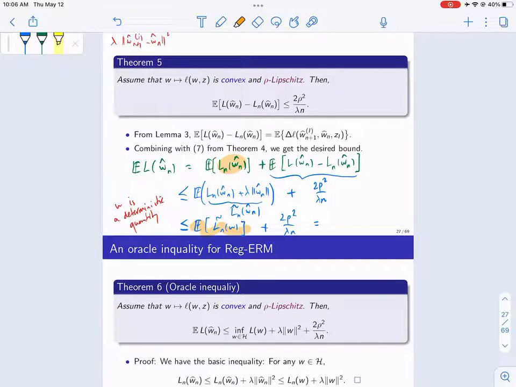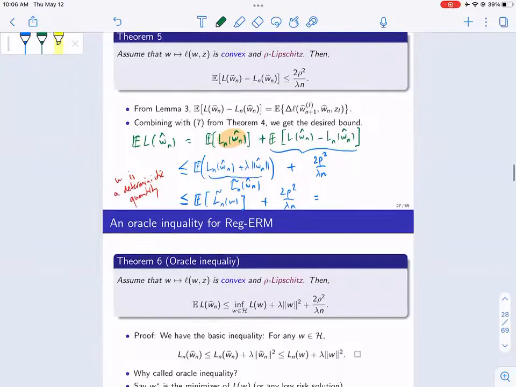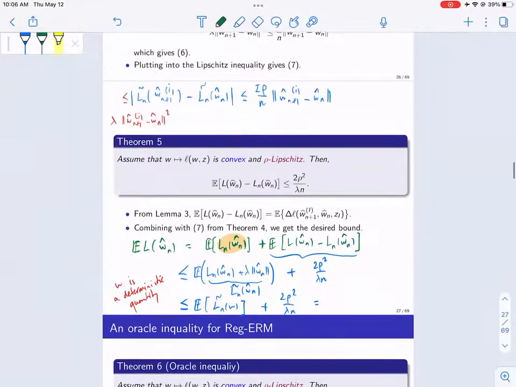If you recall, L_n w is just 1 over n, summation i from 1 to n, of L w z_i.